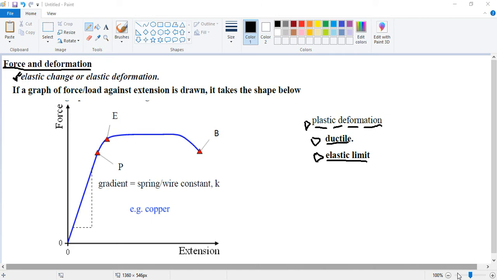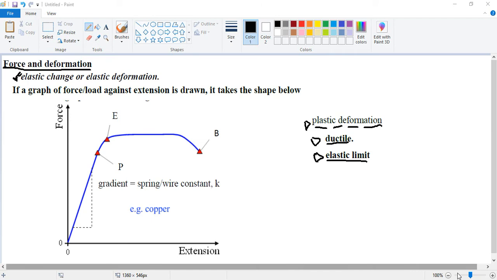So when somebody talks about a material being deformed elastically, this person is meaning that when the deforming force is removed, the material is able to regain its original length.